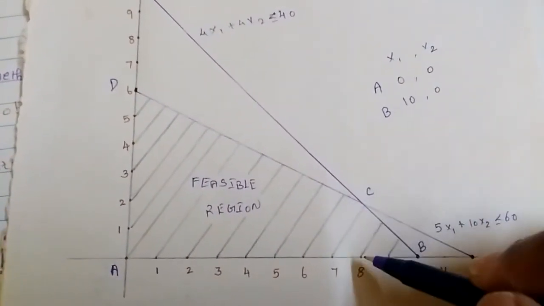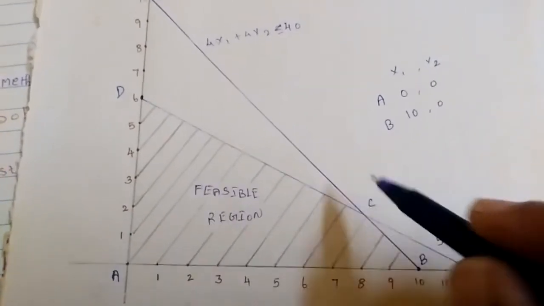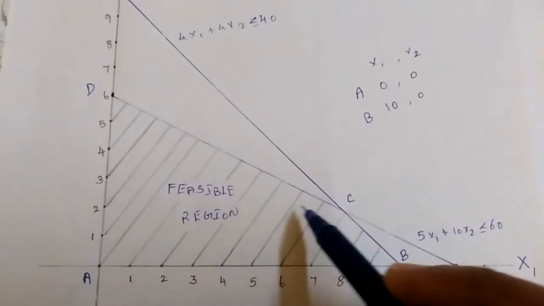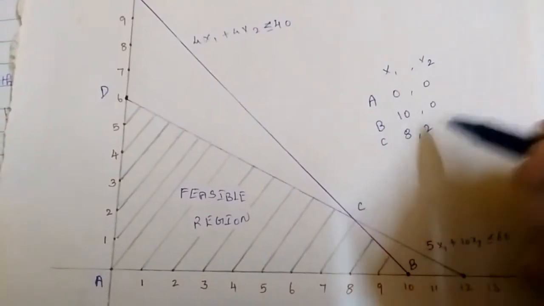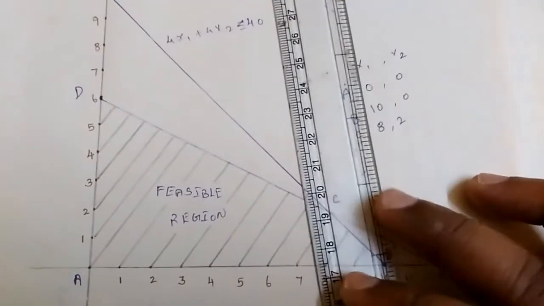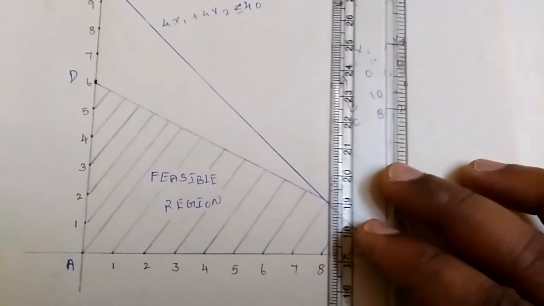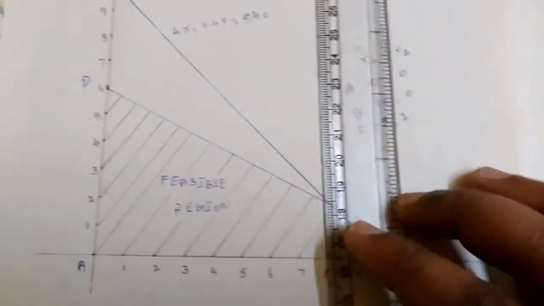For C, just use the scale and mark. It comes at a straight line 2. For C, 8, 2. Just verify it using the scale. Just make it approximate as a round figure, nearly 8, so take it as 8.